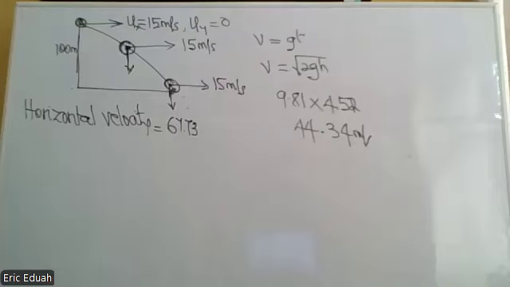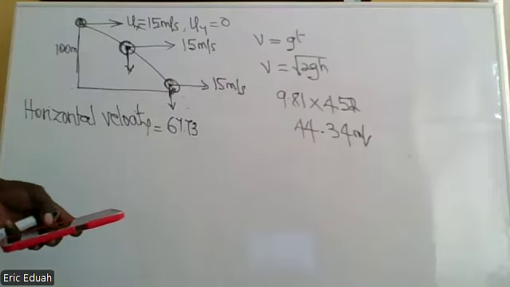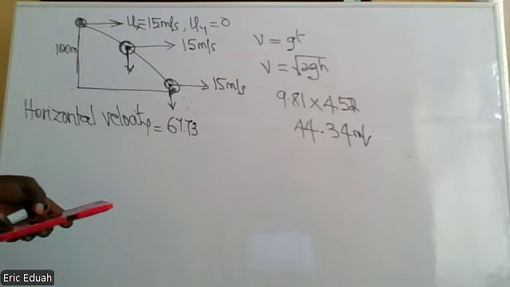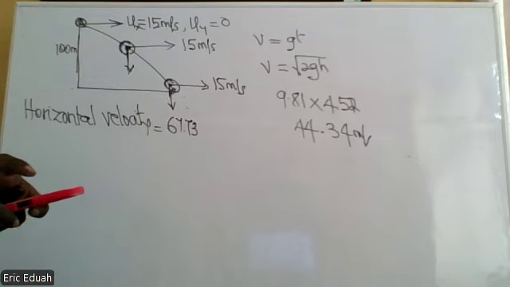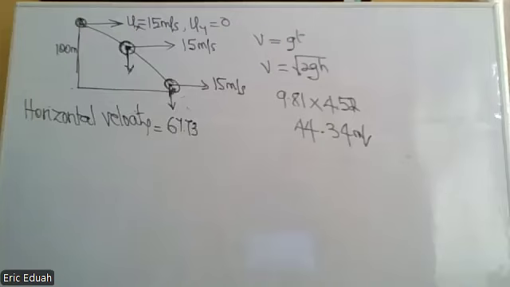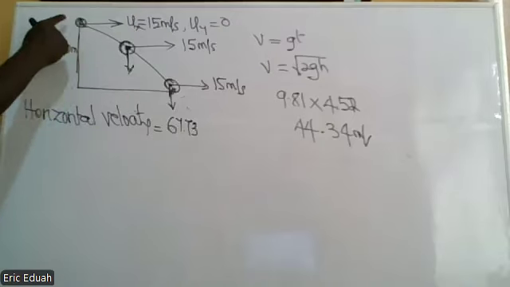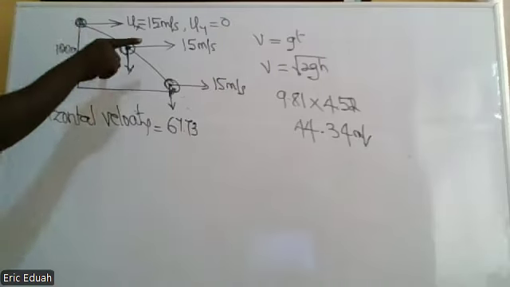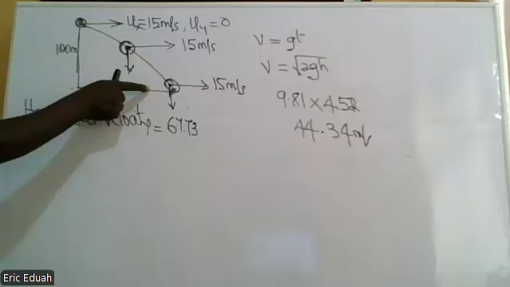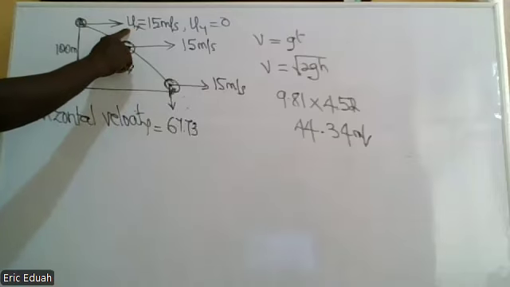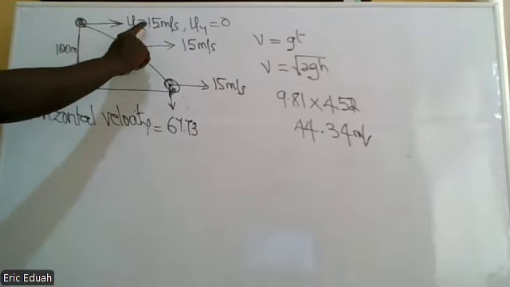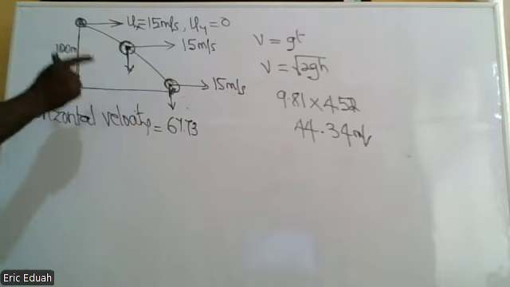Okay, so we are on the second question. What are the horizontal and vertical components of the ball's velocity? At every point, when it moves, just before it moves to this location, horizontal is 15 meters per second, vertical is 0.